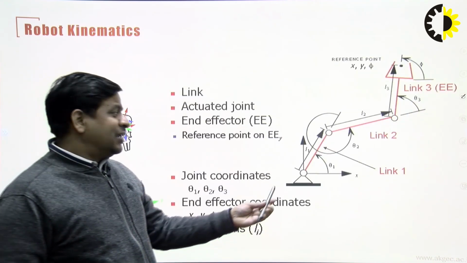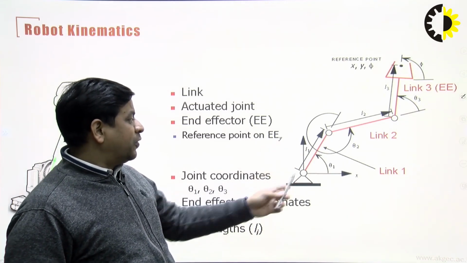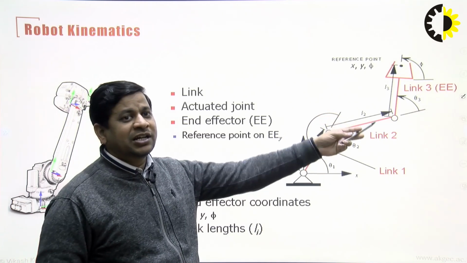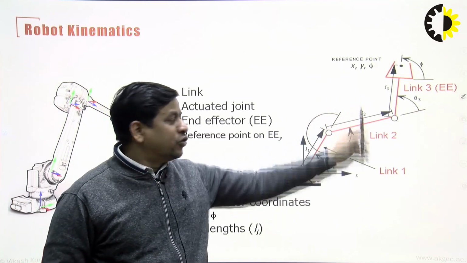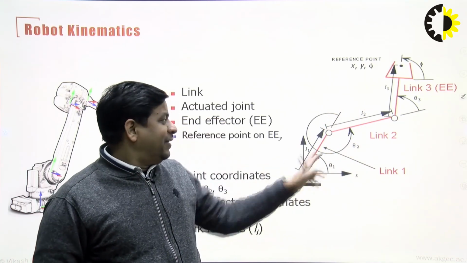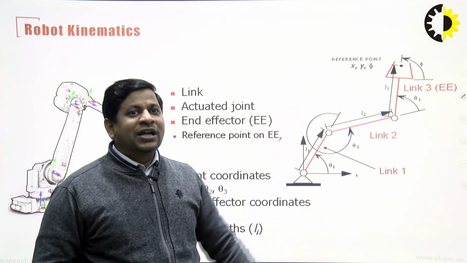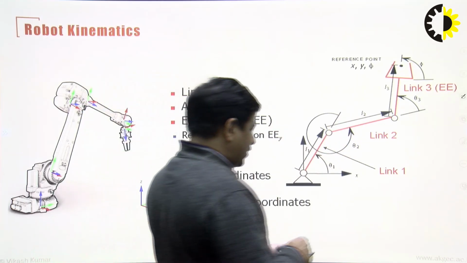So, these are typical articulated or any kind of robot where link and joint configurations are there. So, 1, 2, 3 links are there, 1, 2, 3, 4 joints are there, and an end effector is there. You can play with these joint angles, you will get different positions, and suppose this is our target.